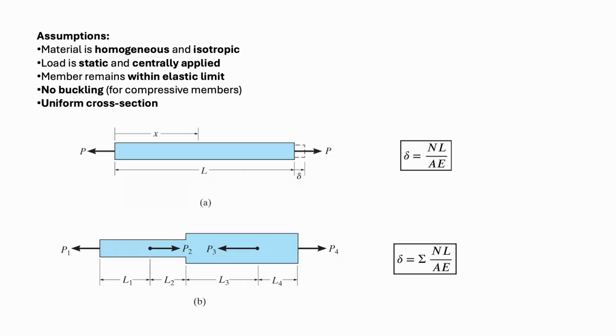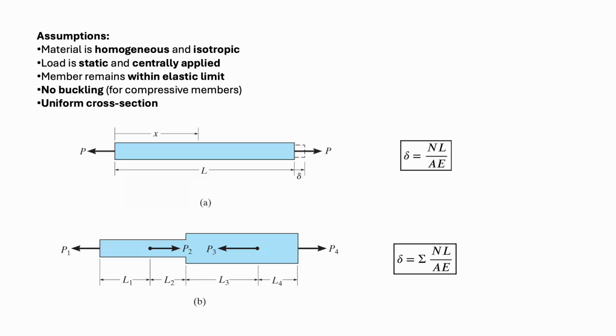Firstly, we are talking about some assumptions which we used. The material is homogeneous and isotropic. The load is static and centrally applied. The member remains within elastic limits, so we are not going into plasticity.